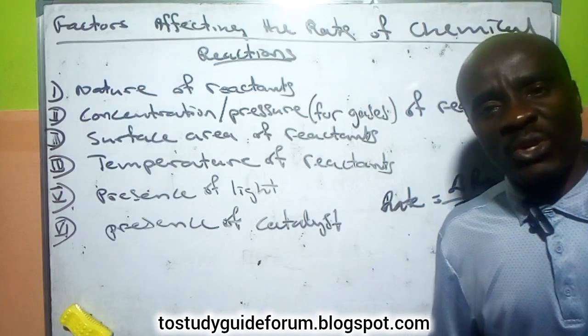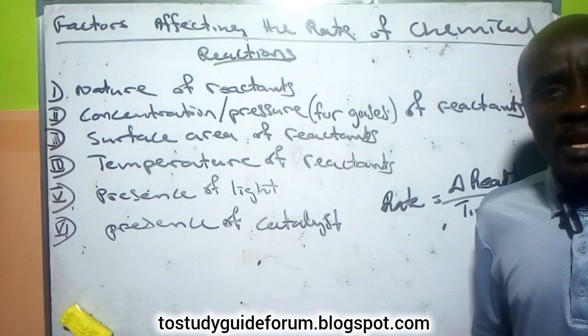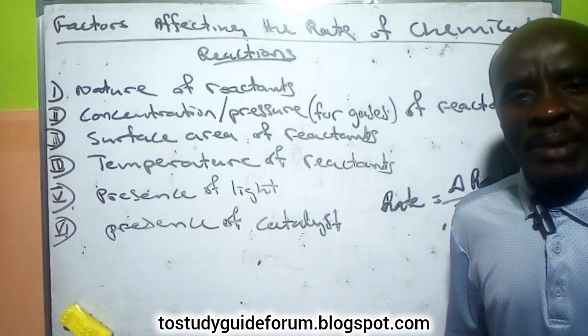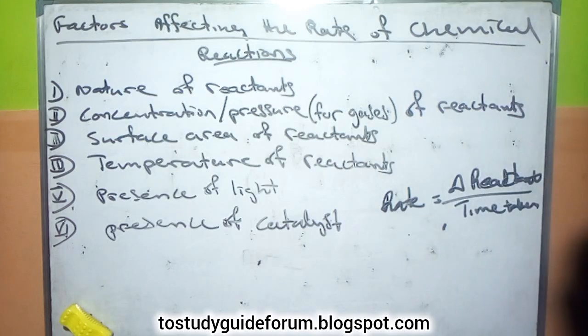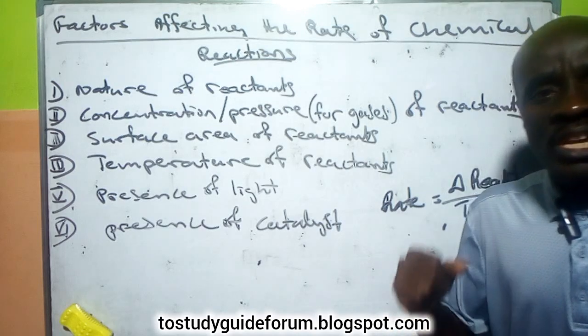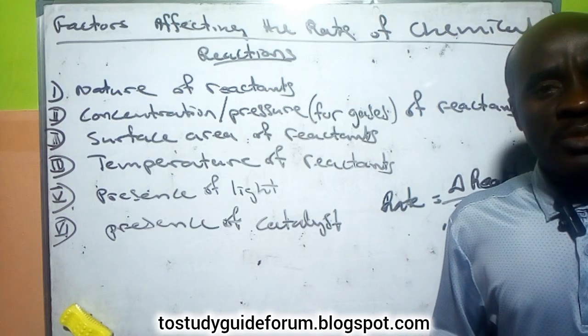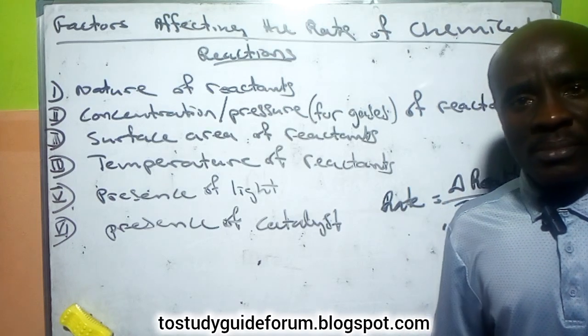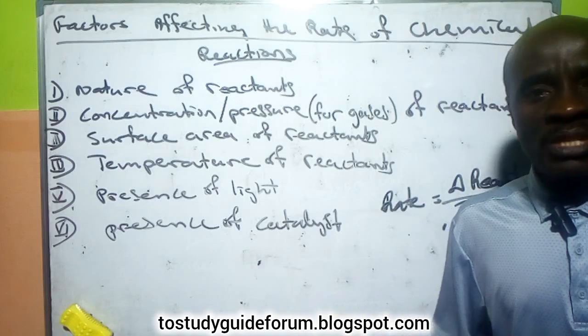Now, for a reaction to take place, there is what we call an energy barrier or activation energy. This activation energy is the minimum amount of energy which a reactant must possess for a reaction to take place.